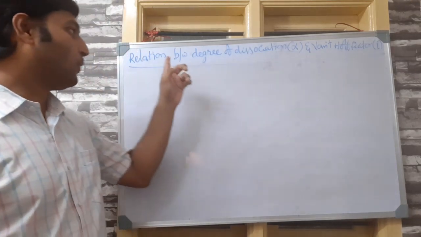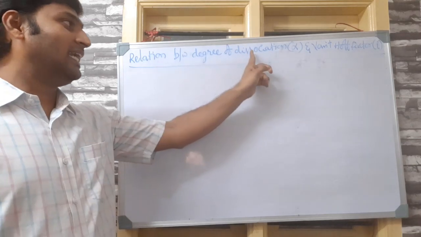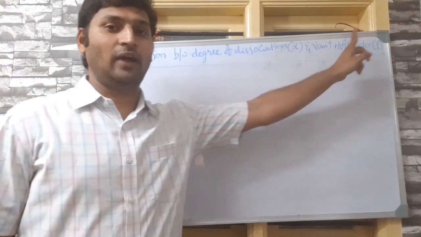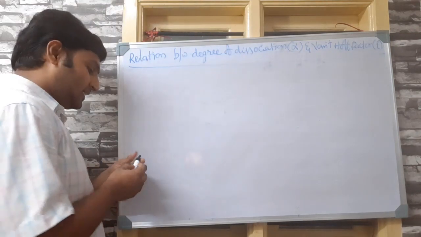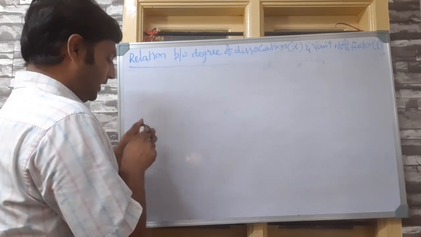That's why we are deriving a relation between degree of dissociation alpha and Van't Hoff factor i. We have already defined Van't Hoff factor i. Let us define alpha, though I know that you know it.